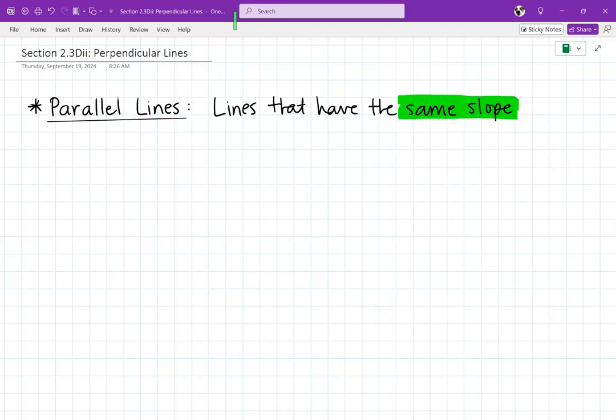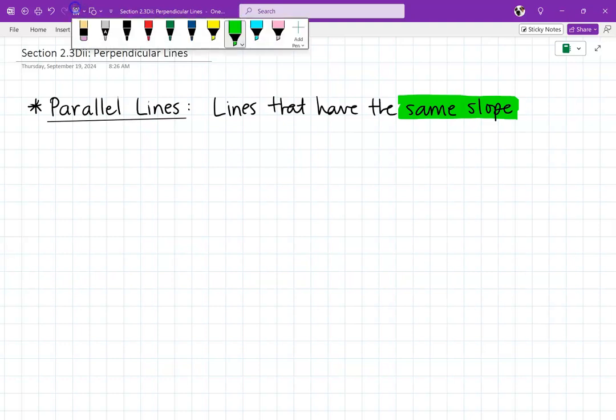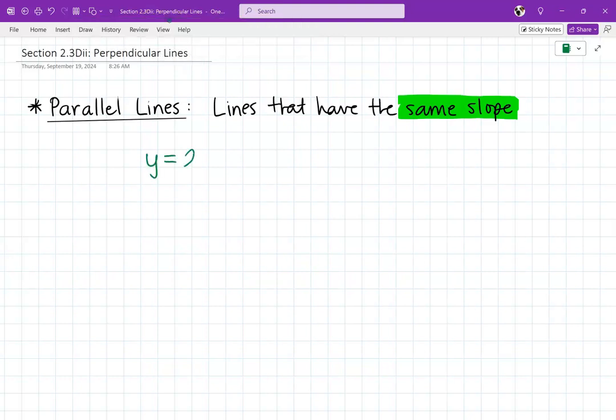Easy as that. Someone asked, what about the numbers in the back? Let me show you what I'm talking about. They said, what if I had y equals 2x plus 5 and y equals 2x minus 3? Are these parallel? I said yes, because the slopes are 2 and 2. They asked, but what about the numbers 5 and minus 3?